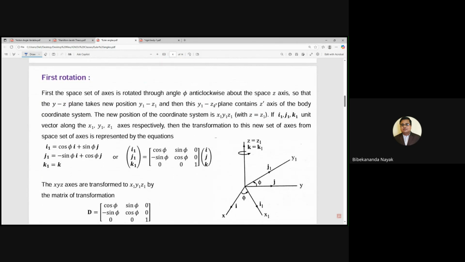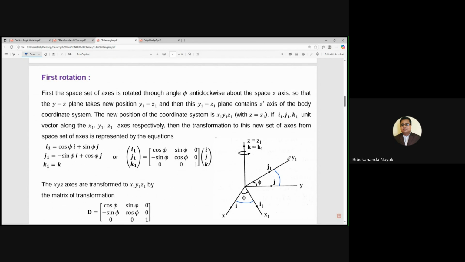The first rotation is the space set of axes x, y, z rotated through angle phi about the Z axis. You know in rotation, the axis of rotation remains fixed throughout the rotation process. If you rotate about Z, Z remains fixed; X, Y only change through an angle phi.